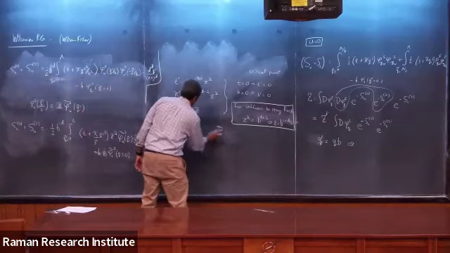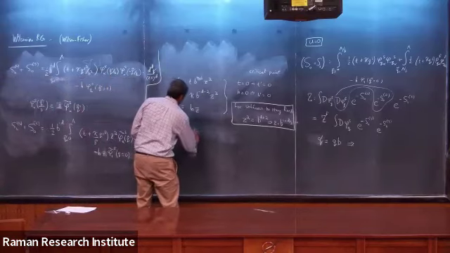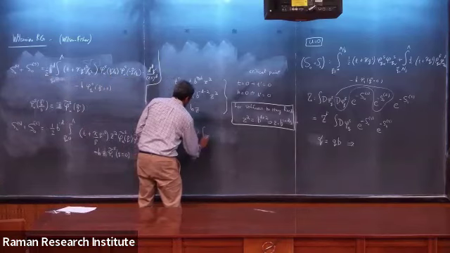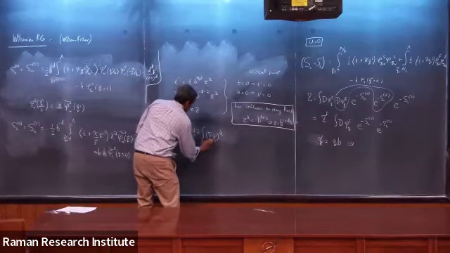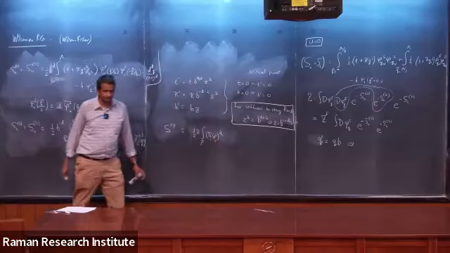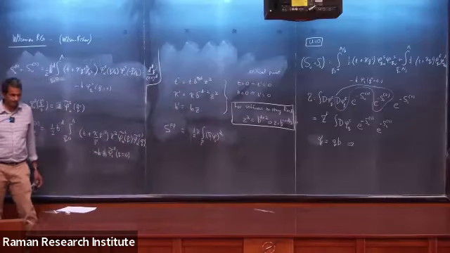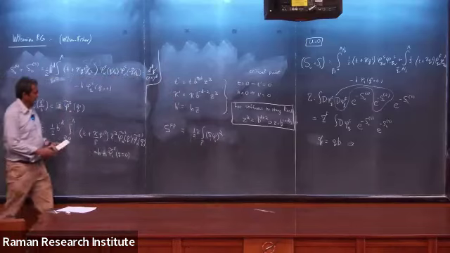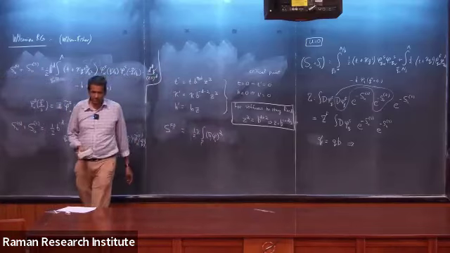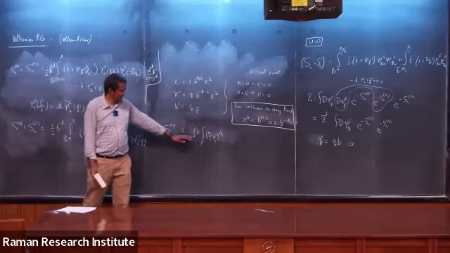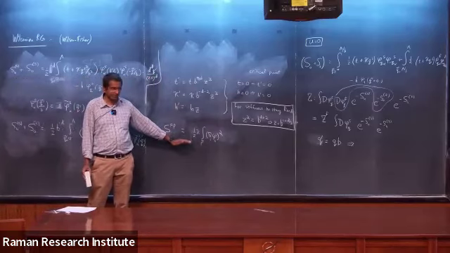Or if you want to go back to real space, we can rewrite this fixed point action as an integral over space of the gradient of phi squared, and you can put in indices. And if you use this, you can calculate all possible correlators, and we'll look at examples in a bit.